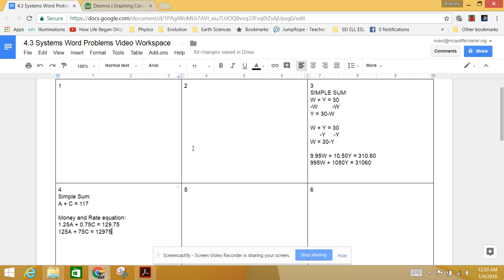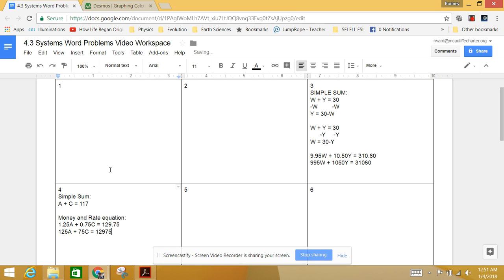Once again, just like in number 3, once you got to this point, you may notice that all parts are divisible by 5, so you could factor 5 out. In fact, they're all divisible by 25, so you could factor 25 out, and I'll go ahead and do that. I know that 125 divided by 25 is 5, so if I factor 25 out of that one, I get 5A.